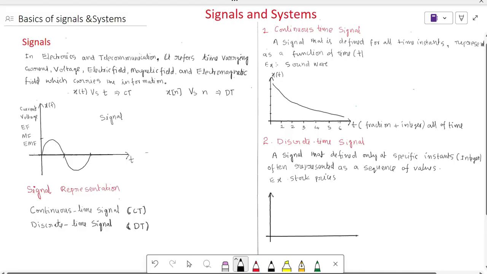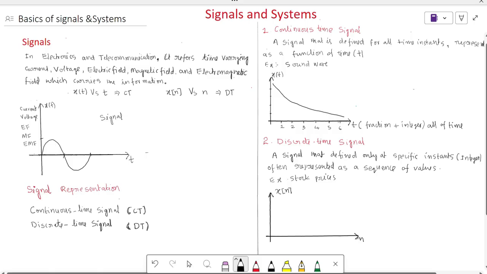So you should remember in discrete time, time must be denoted by the small n, is it? And the magnitude x of square bracket. So it is called, in continuous time it is called curly bracket.